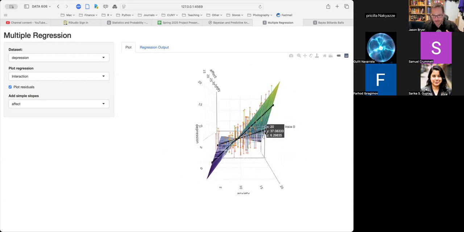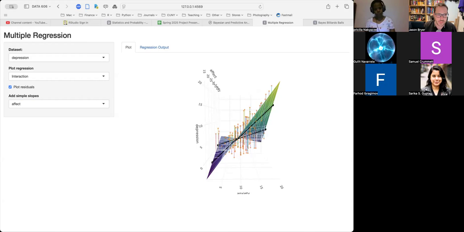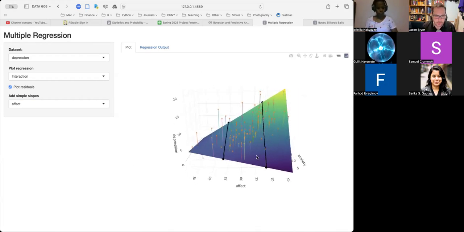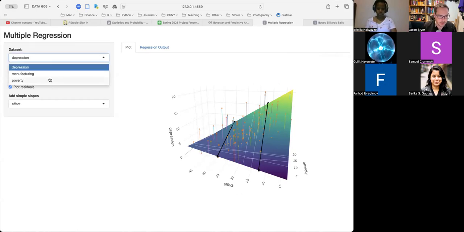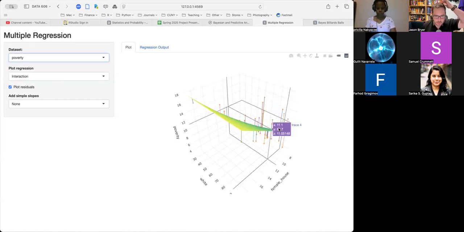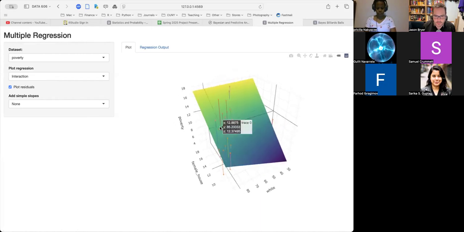So as affect increases, the rate of change in depression related to anxiety is going to increase at a steeper slope. That's what we mean by there being an interaction effect. If we go to another data set like this poverty data set that we looked at before, where we're predicting poverty from female household and white.